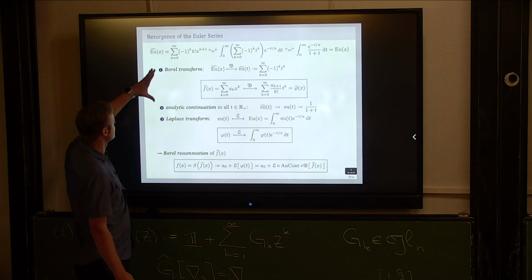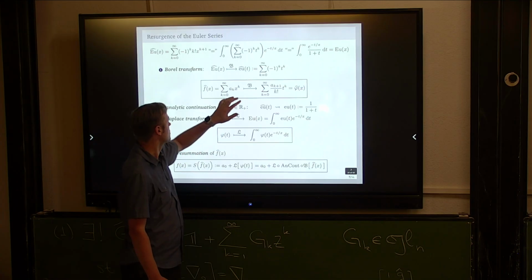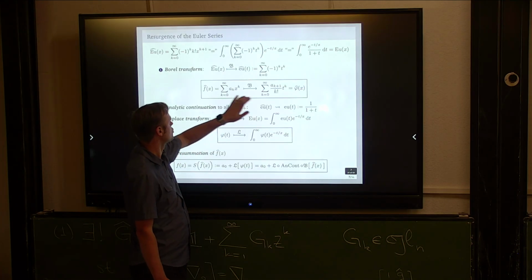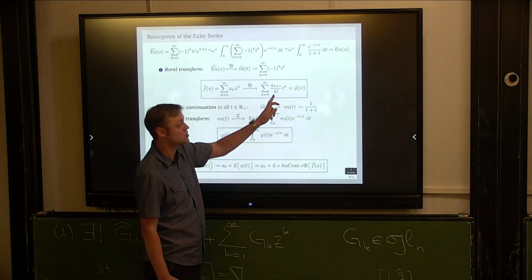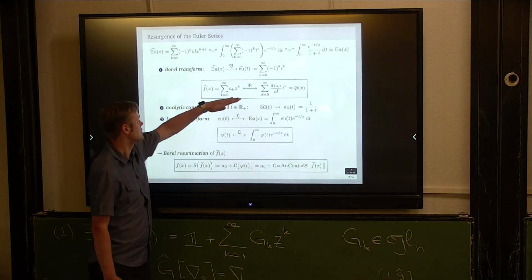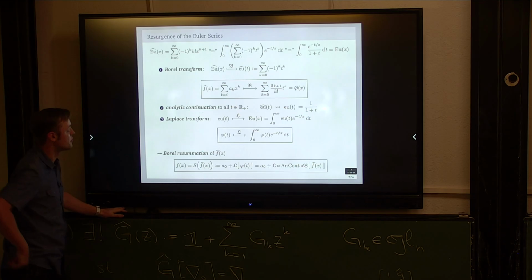And I would say that the first step is very simple. It's very mechanical. You just need to ensure that the power series that you get in the end, after dividing by k factorial, is convergent. And so that just places a condition on the type of formal power series we consider. In practice, that's pretty simple to do.